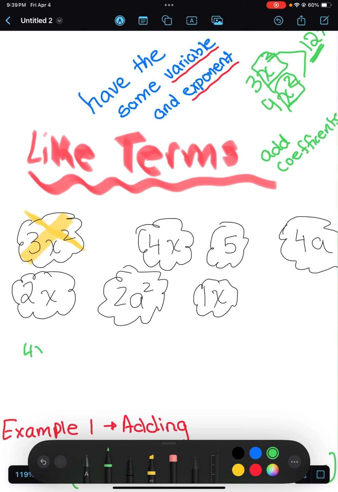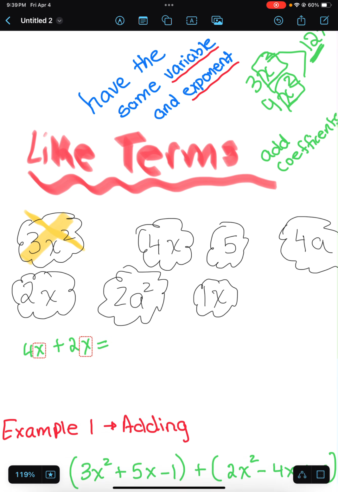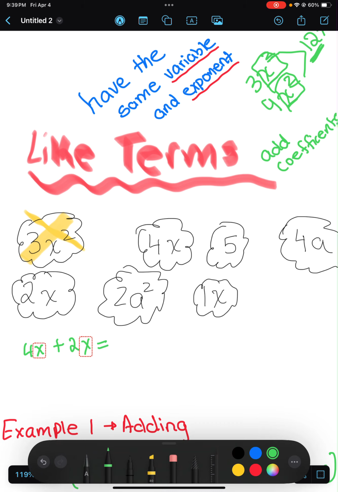So we have 4x plus 2x. Remember, you can add your coefficients. So let's add my coefficients. 4 plus 2, that's 6x, okay? You do not do anything to your variables and exponents. They stay common. You just add your coefficients. So 4x has been combined with 2x.